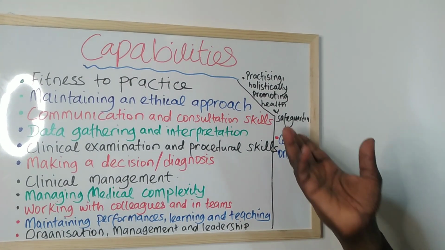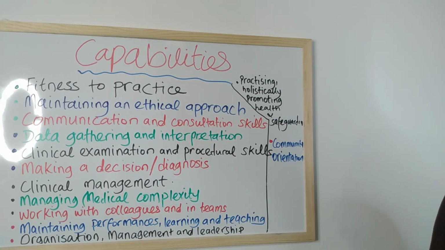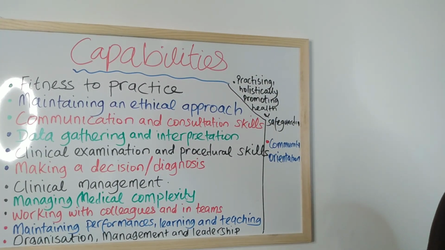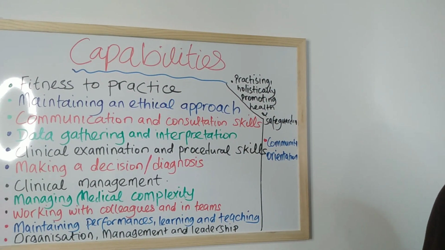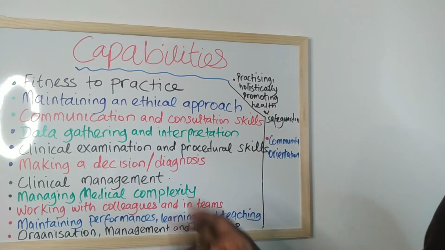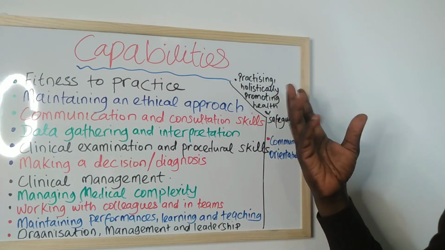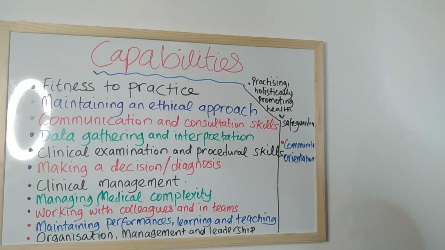Practising holistically and promoting health and safeguarding. So any issues with safeguarding vulnerable people, giving them leaflets, or educating them about their health, that is where you put it. So it's not so much about medicine, but you included other things affecting them, and you educated them about it. That's where you put it.